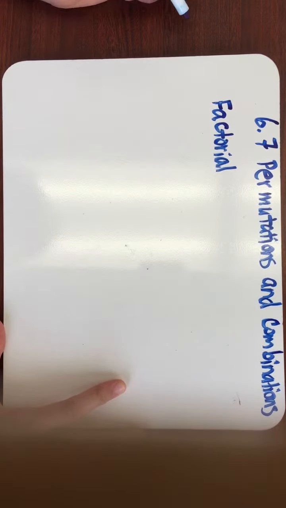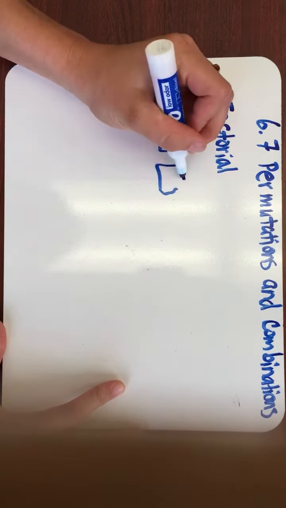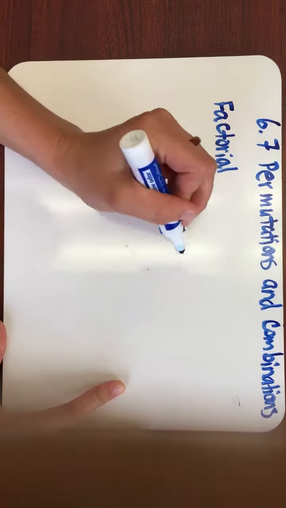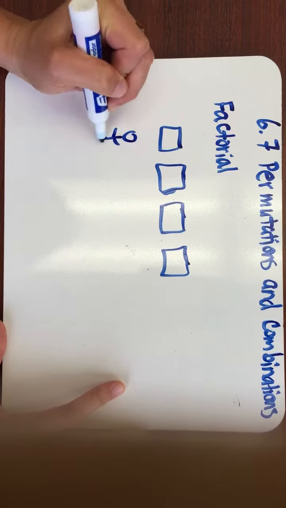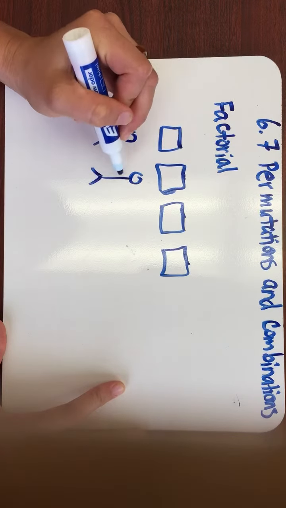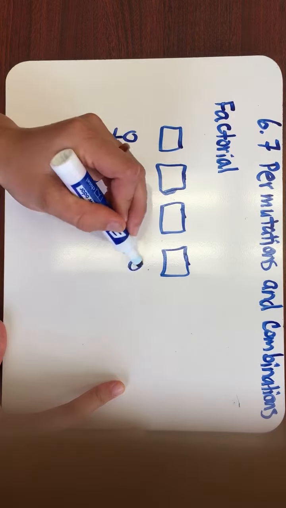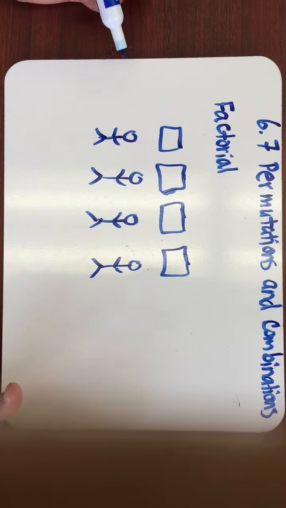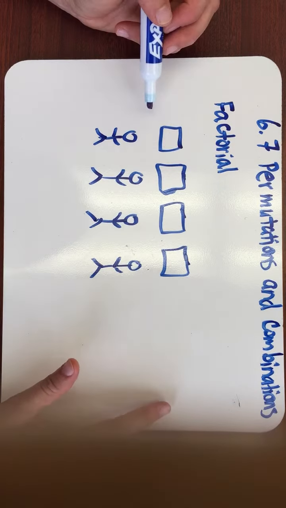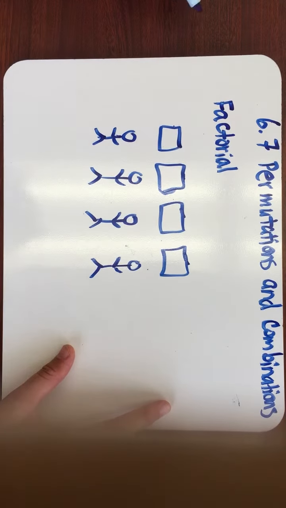Let's say, for example, we have 4 desks and we're going to order 4 students in these desks. The order is going to matter for this. So we're looking at how many ways I can order these 4 students in these 4 desks.